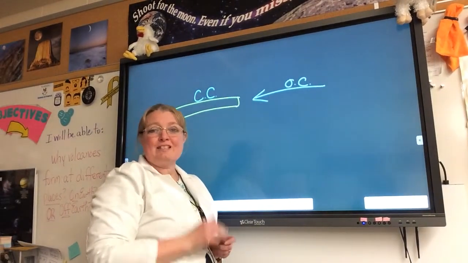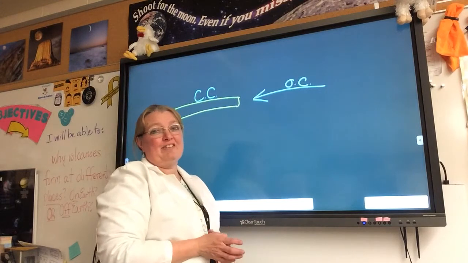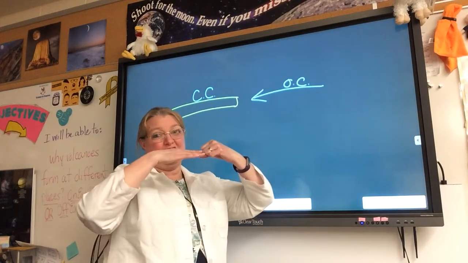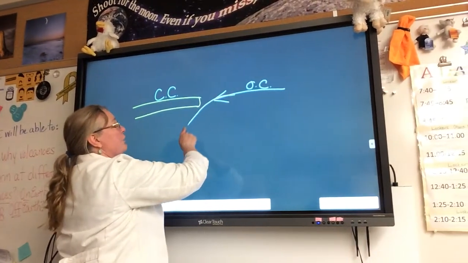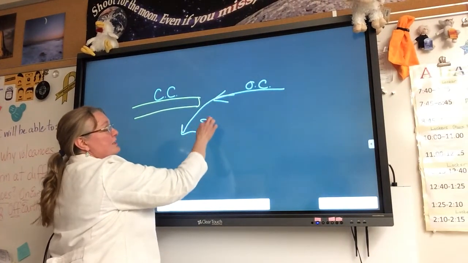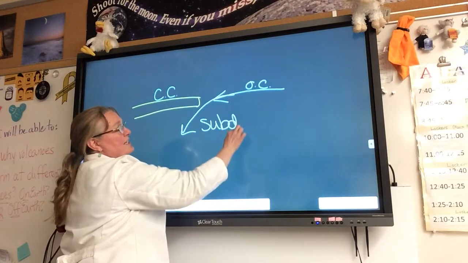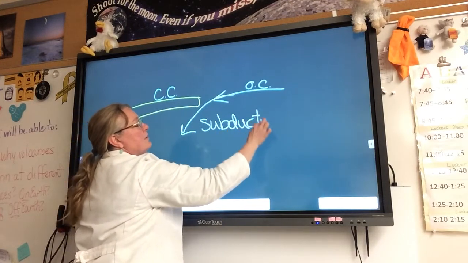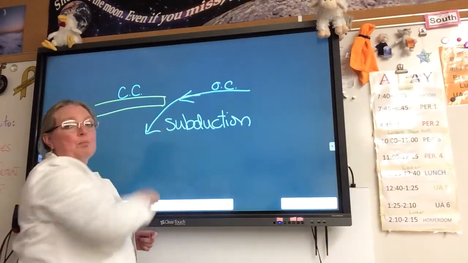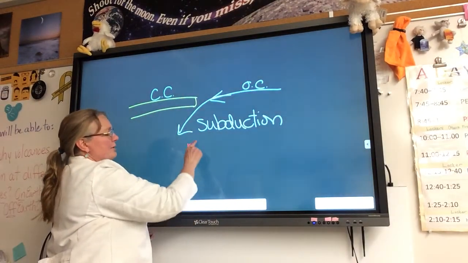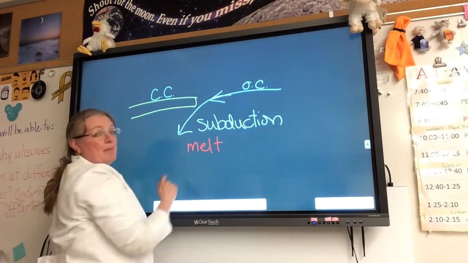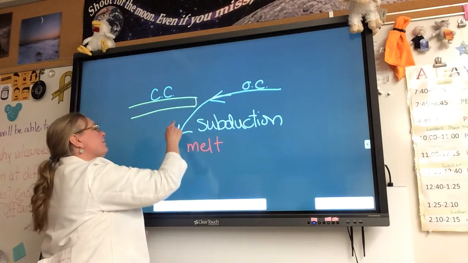So what did we say? Ocean crust is more dense, always going to want to take a dive. Continental crust is a lot thicker, it's going to stay on the top. So the oceanic crust is going to want to subduct. So subduction is the process. It's going to move into the mantle, and it's going to melt and make magma.